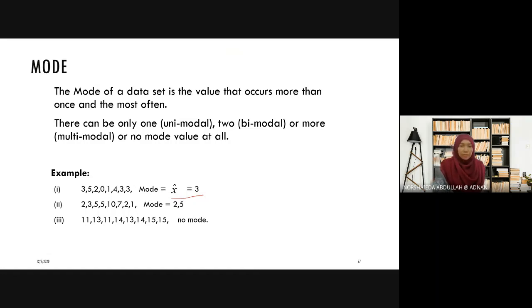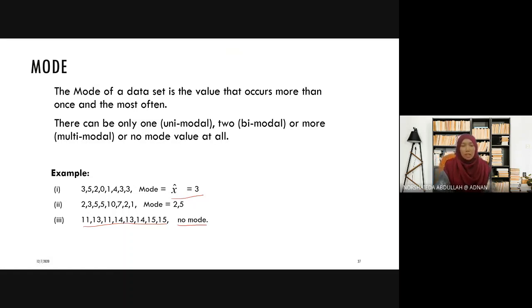on this data set, we can observe that each of the data happens twice. 11 happens twice, 13 happens twice, and 14 and 15 also happen twice. So the frequency or the occurrence of each of the data is equal. So we can say that there is no data that occurs the most in this data set, so no mode, right?